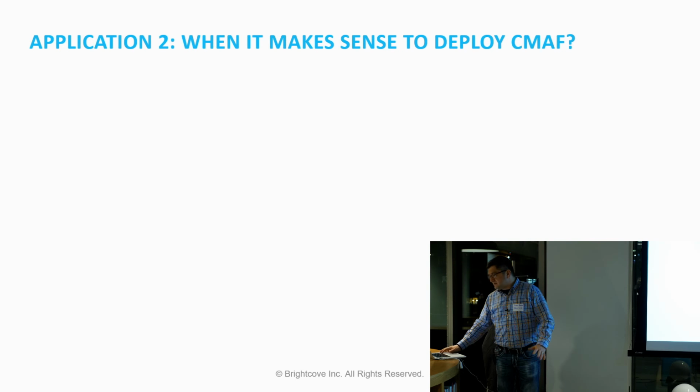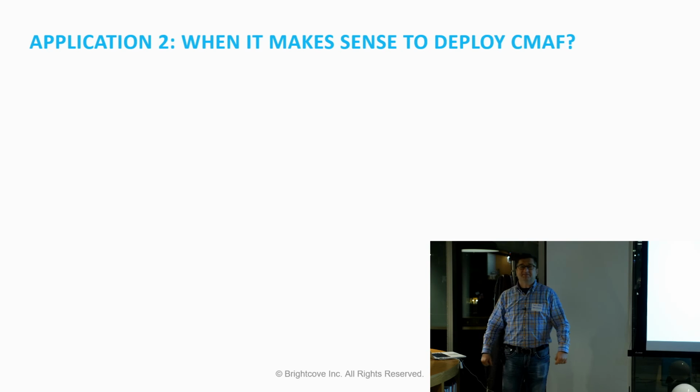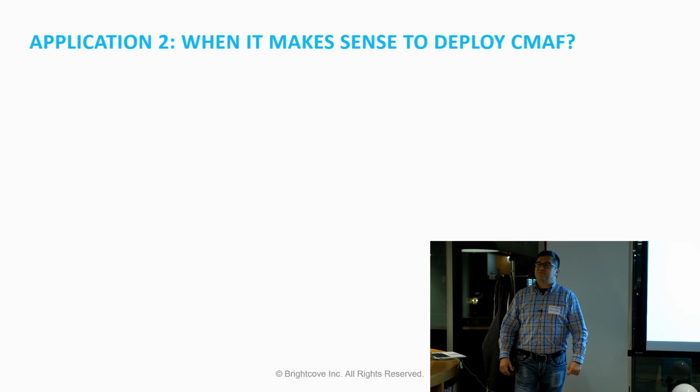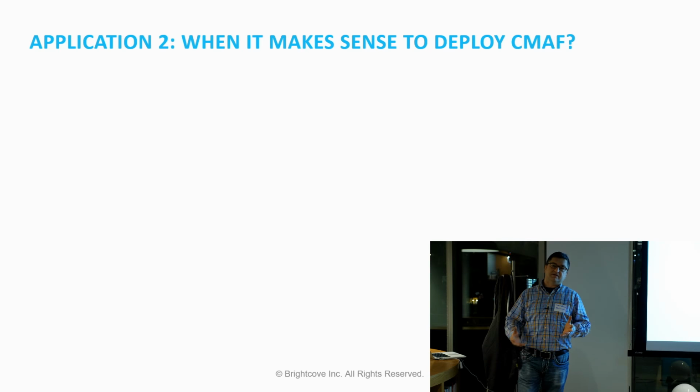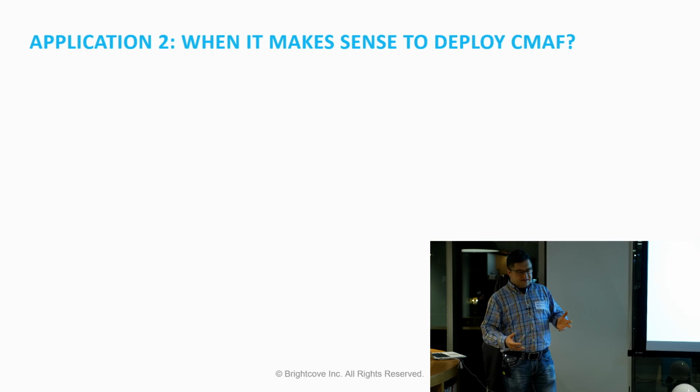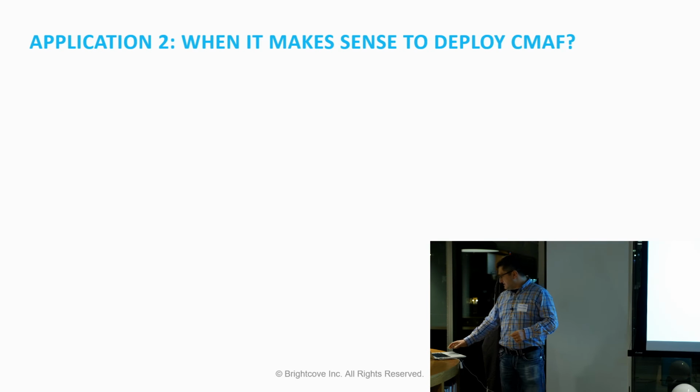Another case, and the last case that I will consider, another popular topic of the day, is when it makes sense to deploy CMAF. It's a new standard. There is much hope that it will drive convergence of both DASH and HLS in the industry to a single format, which of course will help CDNs achieve high performance.